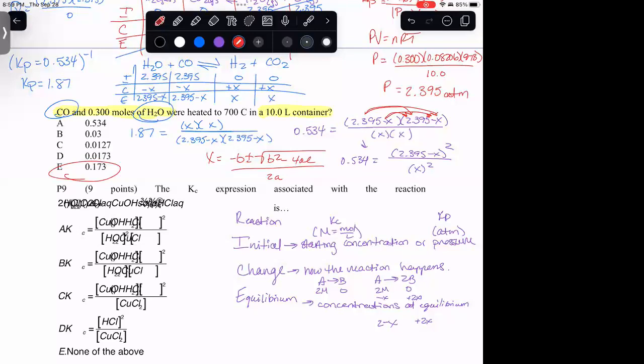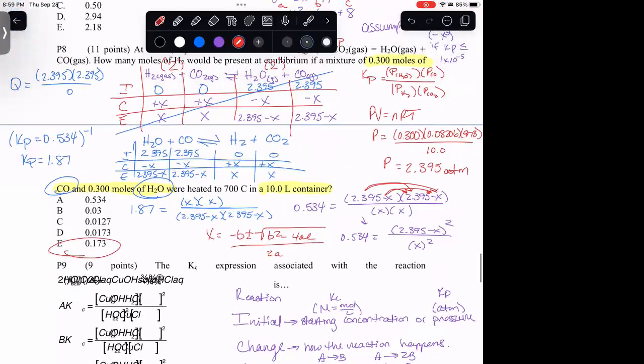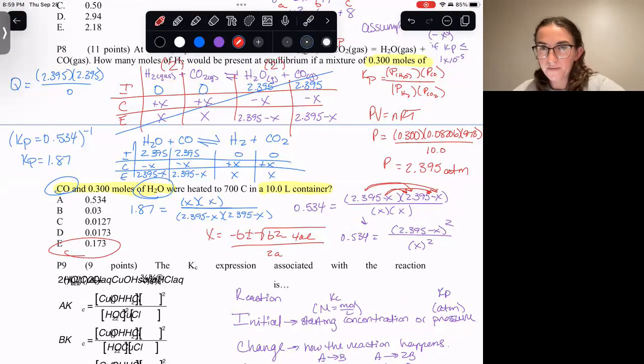Actually, for the very first equation that we use, the Kp is equal to, is that supposed to be products over reactants, or reactants over products? In red up here. Yep. So this was for if you're matching, like this goes to this one right here.